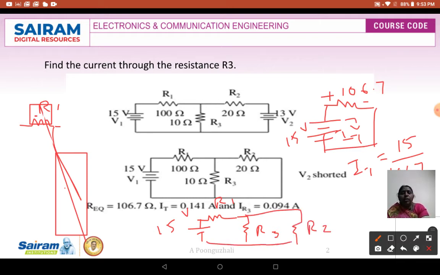Now we know the total current IT. I want to find the current that flows through R3, that is IR3.